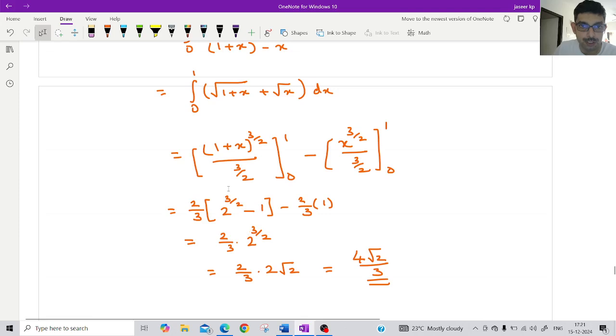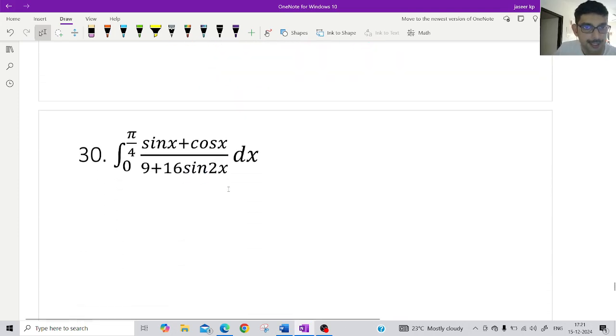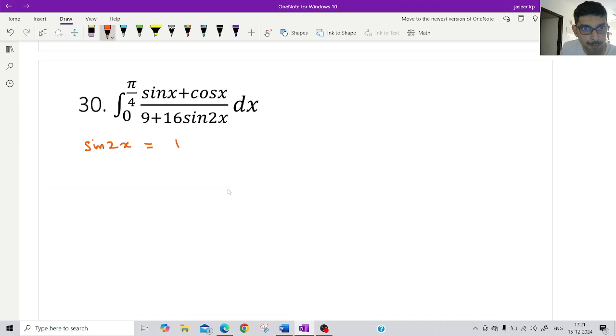Now moving to the 30th problem. Sin x plus cos x divided by 9 plus 16 sin 2x. It is similar to the 28th problem. So again we are writing sin 2x as 1 minus sin x minus cos x whole square, so that we can take sin x minus cos x as t.